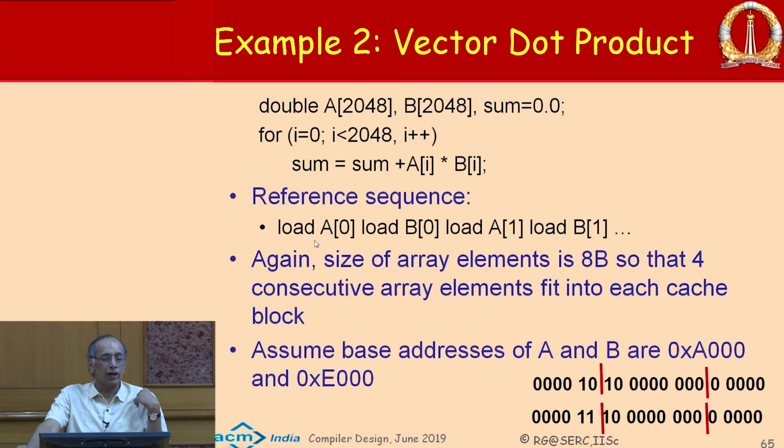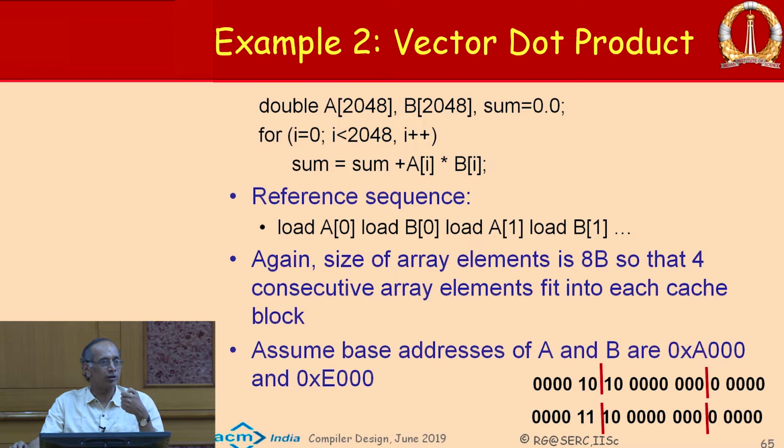Now we have accessed A of 0, which was a miss, so A0, A1, A2, A3 were brought to cache block 0, correct. After that we access B of 0, that means B0, B1, B2, B3 were brought into the cache, but where?